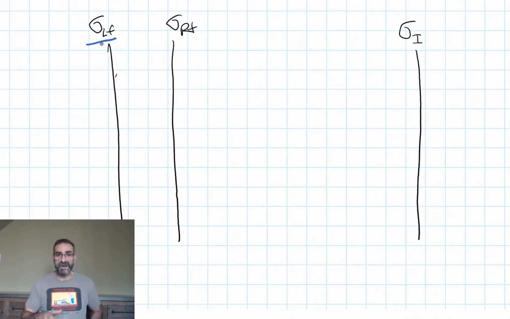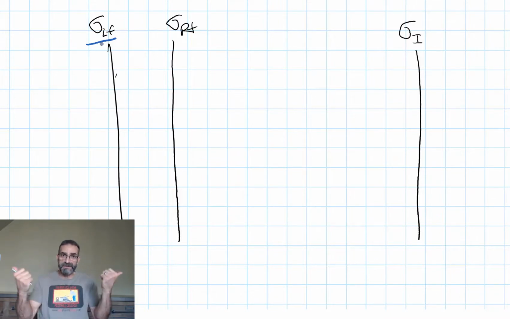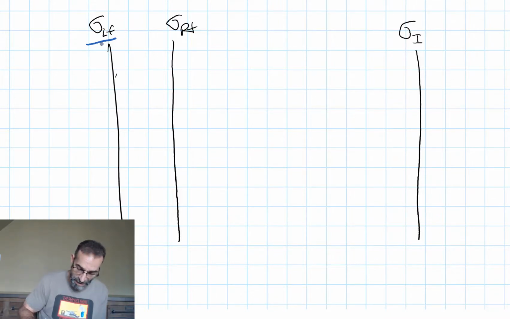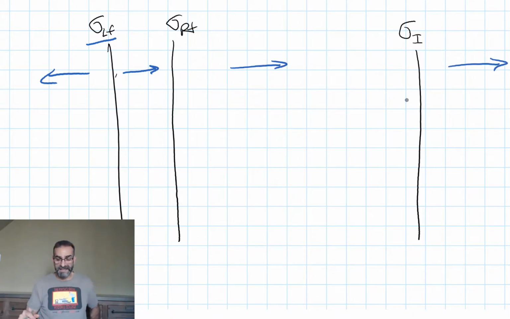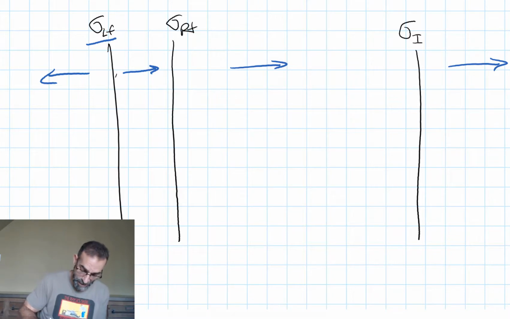If there's positive charge on this sheet we're calling sigma left, what does the electric field look like? Well, it comes out from that sheet in all directions. So I'm going to have an electric field here and here, and it's going to just continue everywhere as we move away from this sheet. The electric field will be constant. And I'm going to call that E left.